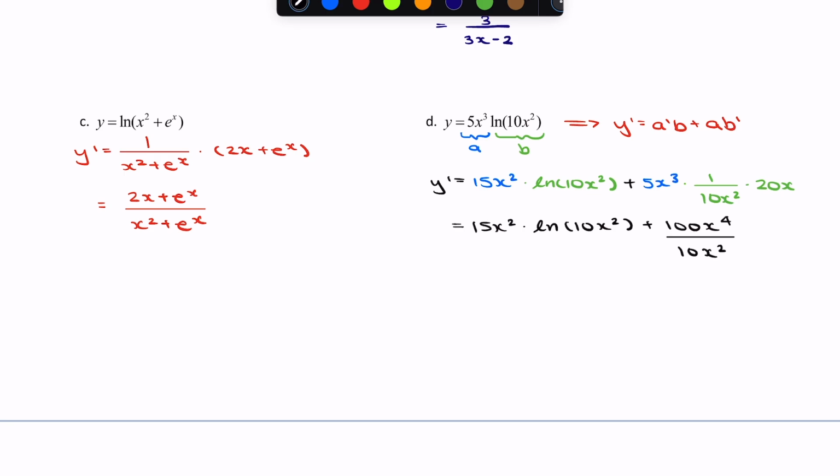So here that can simplify, so that will give us 10x squared. So here we'll get 15x squared times ln 10x squared plus 10x squared. Here we can draw the common factor of 5x squared, and we'll be left with 3 ln 10x squared plus 2.